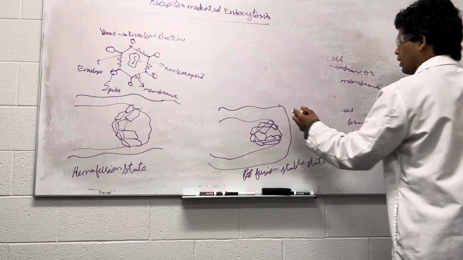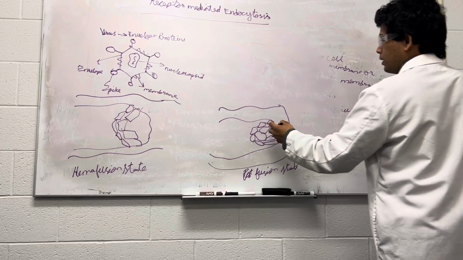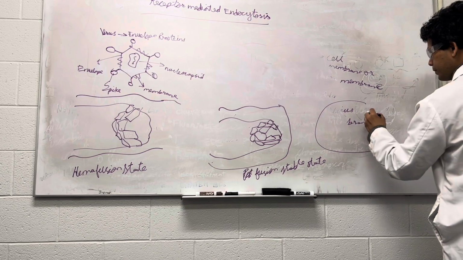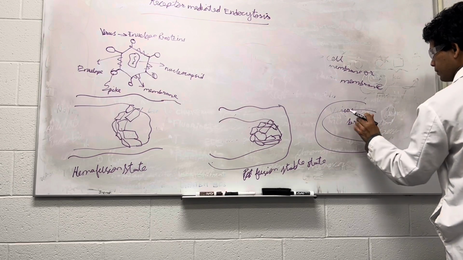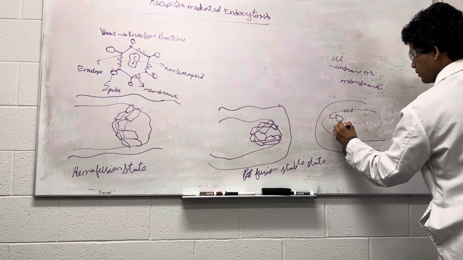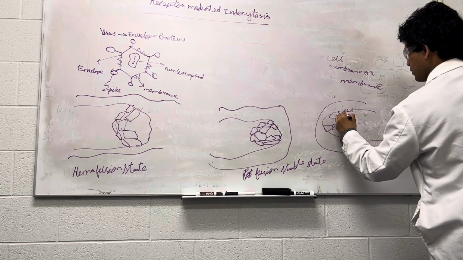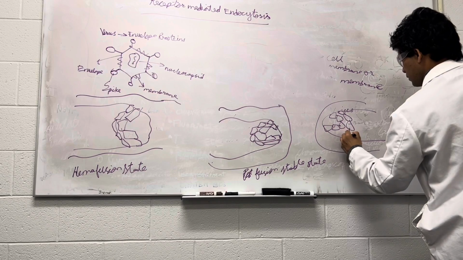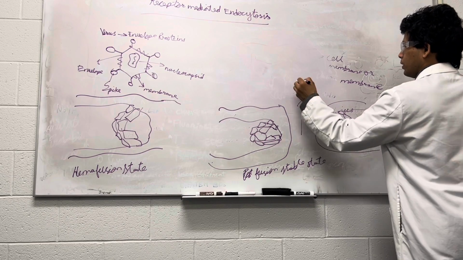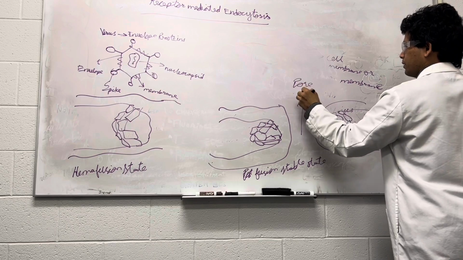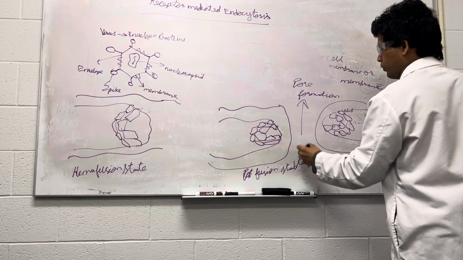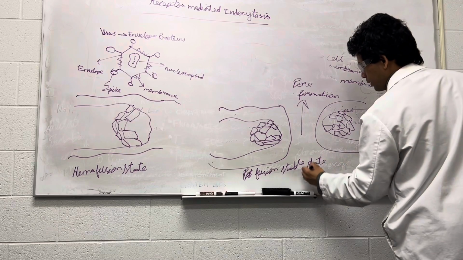So now what happens? The same thing happens on the other side. This results in pore formation on the cell membrane, and from this pore the virus can go inside the cell.